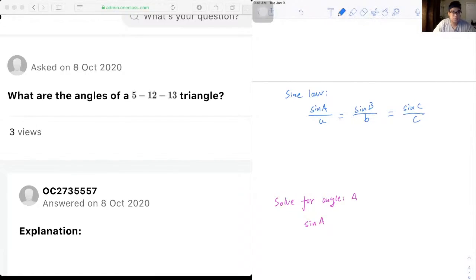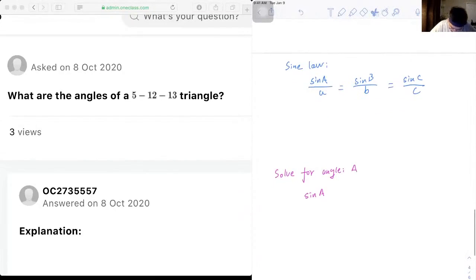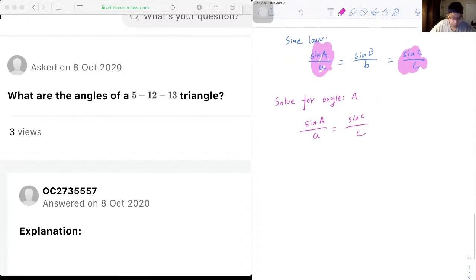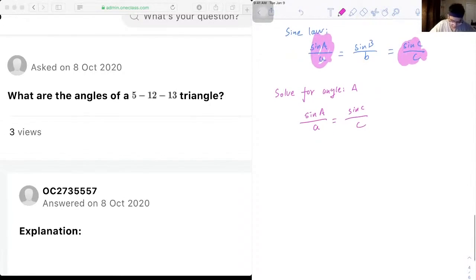Okay, so to solve for angle A, we have sine A over A is equal to sine C over C, right? And that is from the sine law property. Then we can substitute the values for A and C, which is sine A over 5.